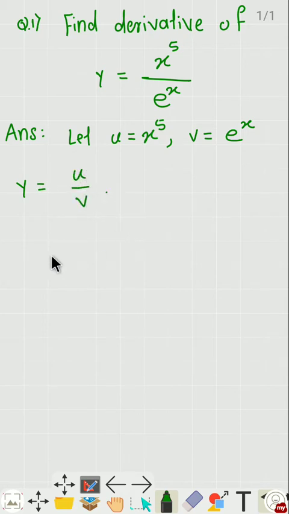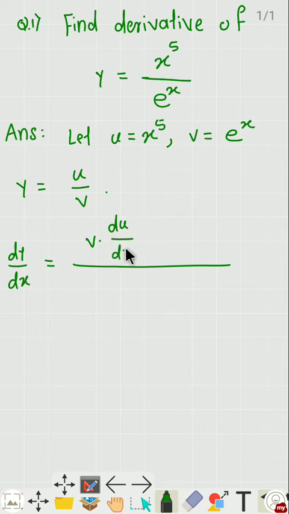Its derivative dy by dx is equal to v times the derivative of u with respect to x, minus u times the derivative of v with respect to x, and the whole divided by v square.